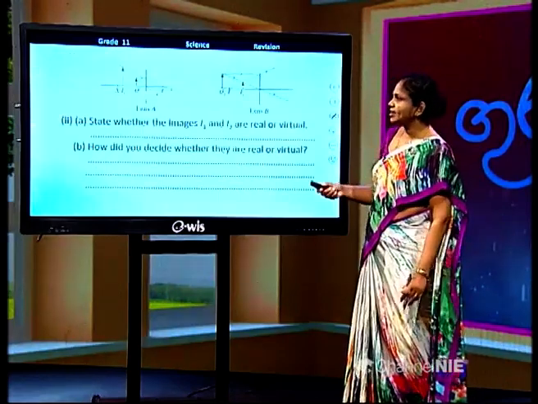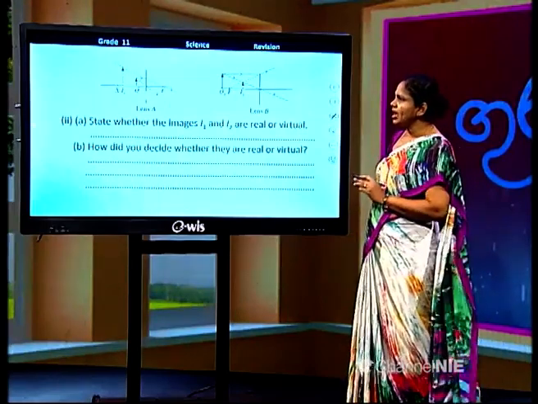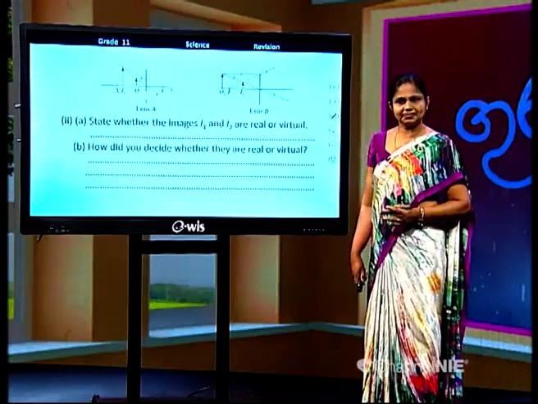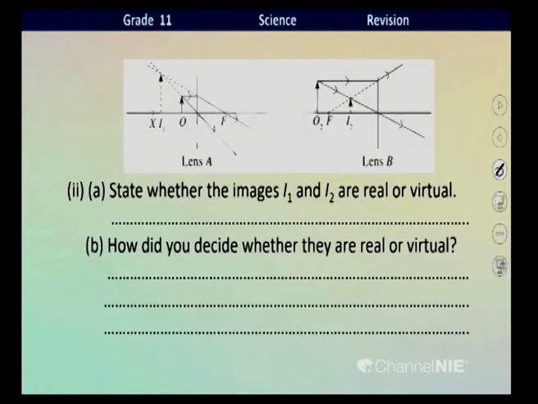Okay, right. Next, state whether the images I1, I2 are real or virtual. Children, here both I1, I2 images are virtual. Both are virtual. Why? Because when the image is formed on the same side as the object, that image cannot be taken onto a screen. That's why the image is said to be virtual.